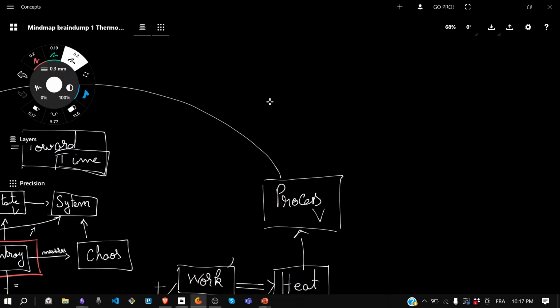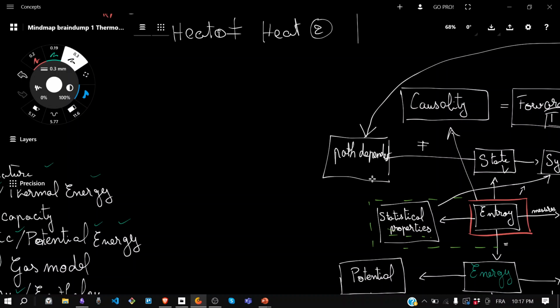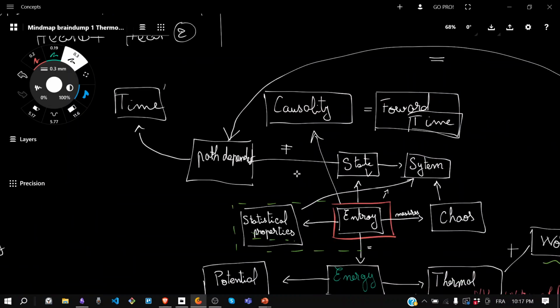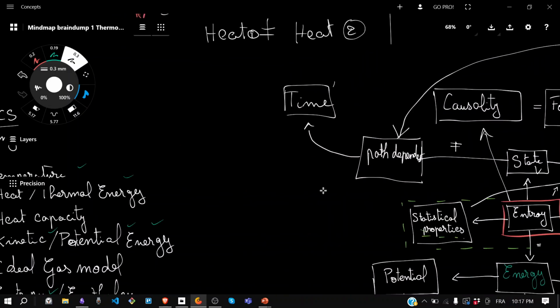And one of the paths that it can depend on, we have time, which, yeah, basically mentioning a second time here. We have material.